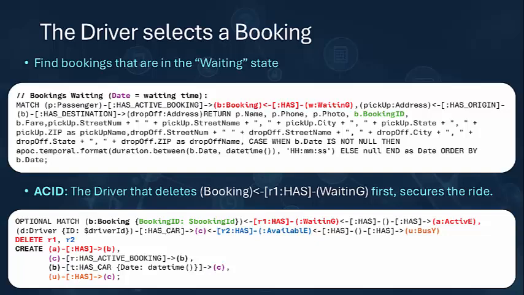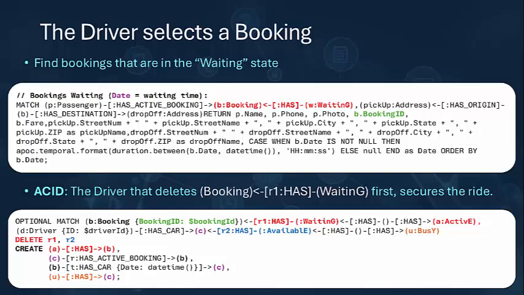Drivers query the waiting collection to see available bookings. When a driver selects a booking to serve, the system doesn't update the booking or car node's properties. No set command whatsoever. Instead, it deletes and creates relationships to reflect the new state. The booking moves from waiting to active. The driver's car moves from available to busy. A relationship is added between booking and car with a timestamp for auditing.